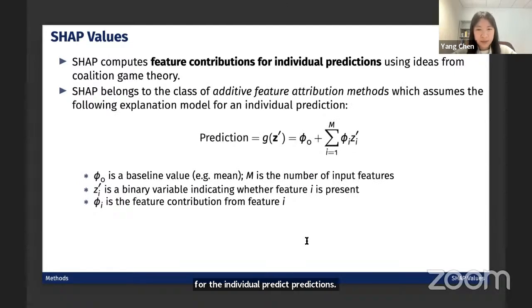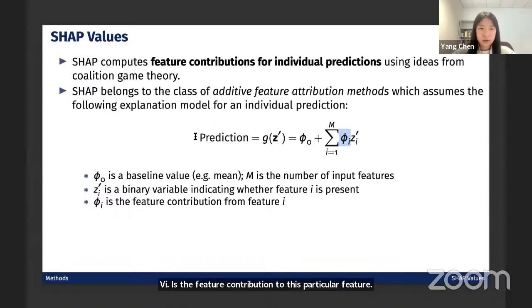So the key idea is that we want to approximate our predicted results using an additive individual prediction term. The Z_i is the binary variable indicating whether the feature i is present or not in a particular model, and phi_i is the feature contribution of this particular feature i.